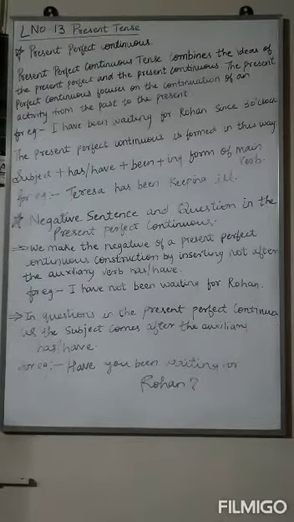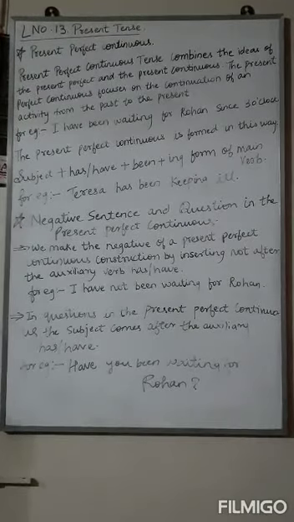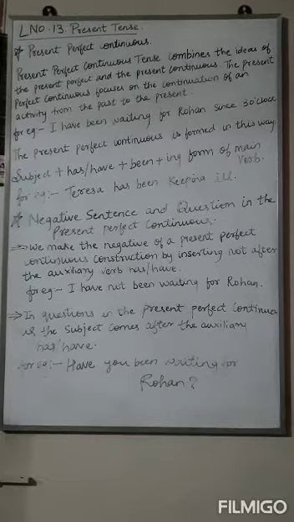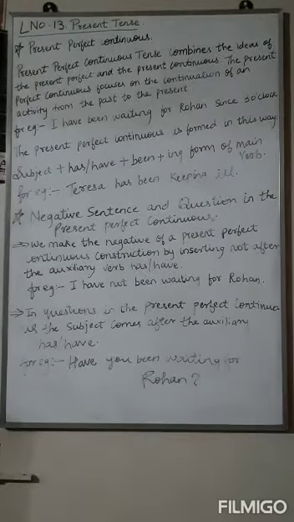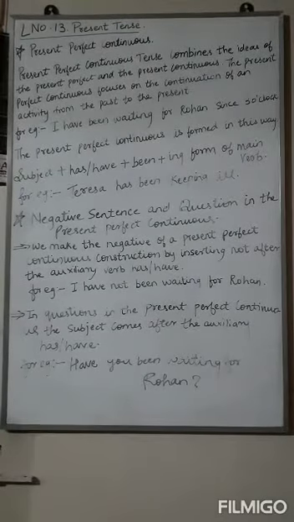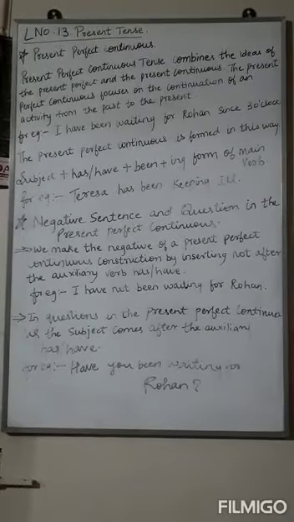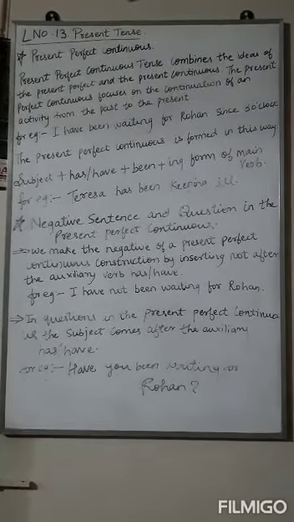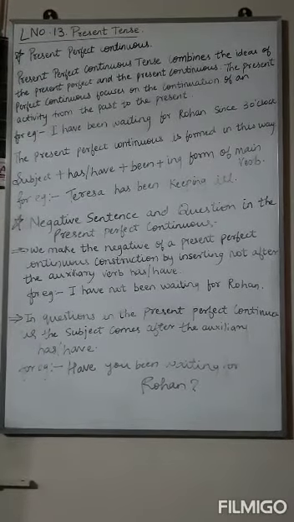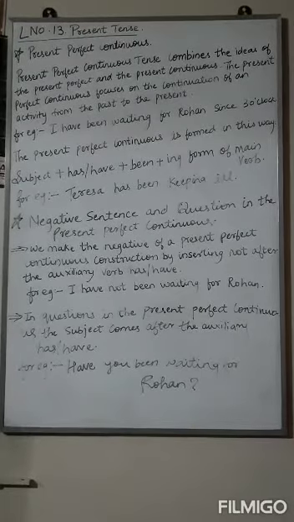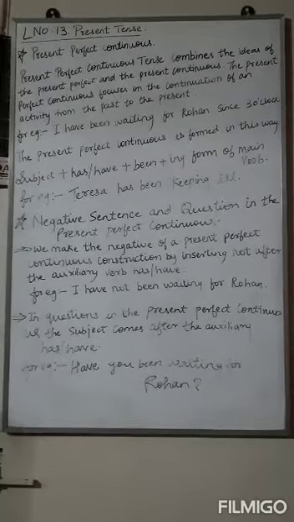We will move on to present perfect continuous tense. Present perfect continuous tense combines the ideas of the present perfect and the present continuous. The present perfect continuous focuses on the continuation of an activity from the past to the present. For example, I have been waiting for Rohan since 3 o'clock. Now I started waiting at 3 o'clock and still I am waiting.